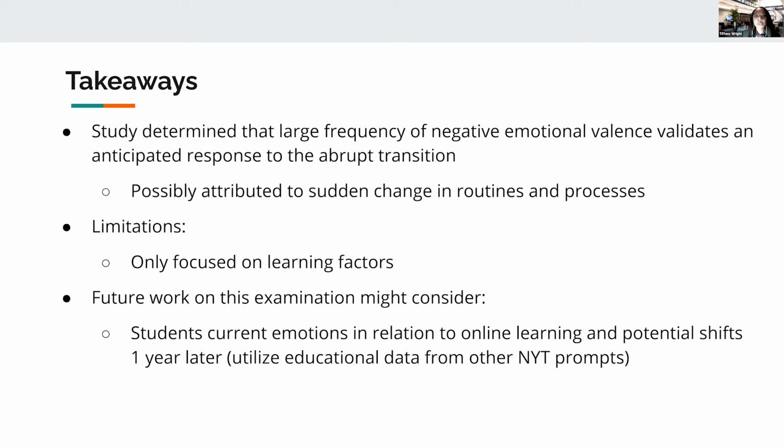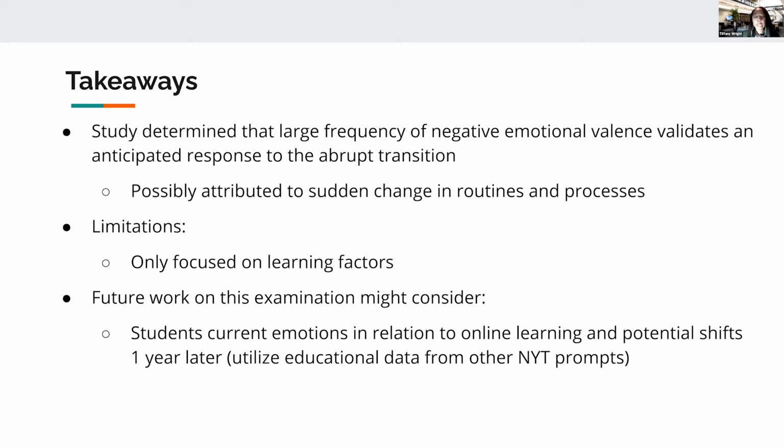In terms of future work, we may look at something like what we mentioned in the limitations. Maybe it would be expanded beyond the traditional factors of learning that we had in our code book, but maybe it would expand out to other factors that influence learning, but maybe aren't directly related, just to see how that impacts students' experience in the classroom.